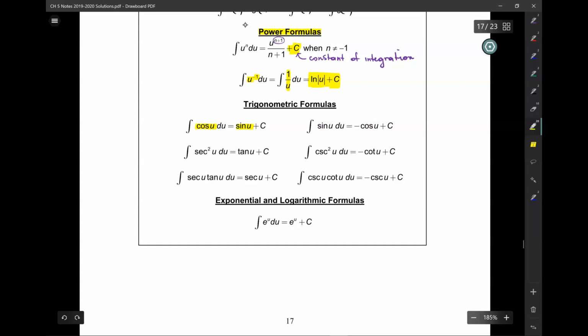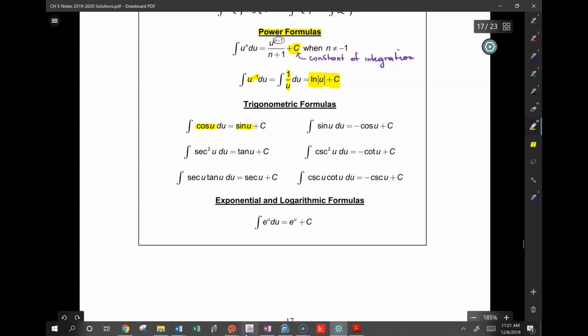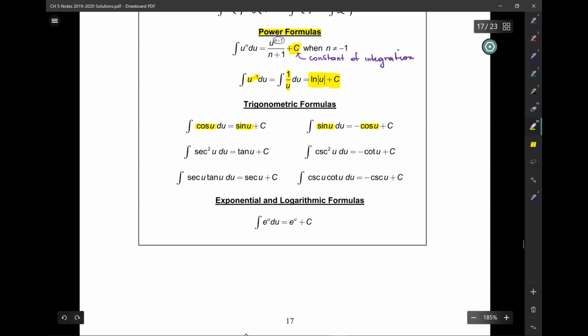Now, the derivative of cosine is negative sine, right? So there is a change of symbols. So the integral of sine is negative cosine. It's switched from the derivatives. Be careful.